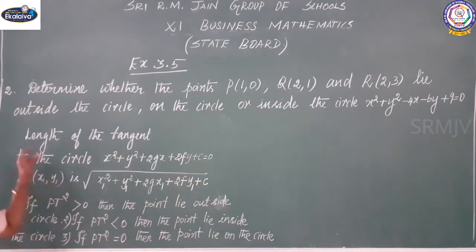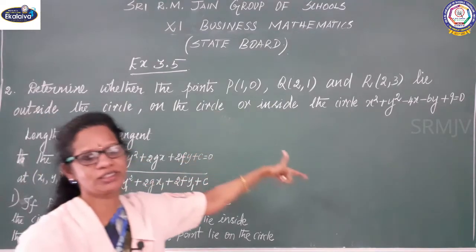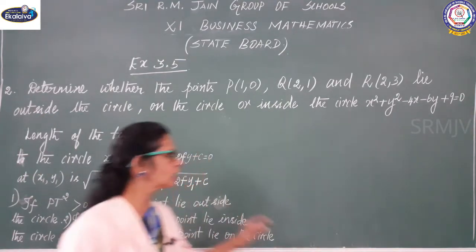Once again, using the length of the tangent only, we can conclude whether the point lies on the circle, or inside the circle, or outside the circle.